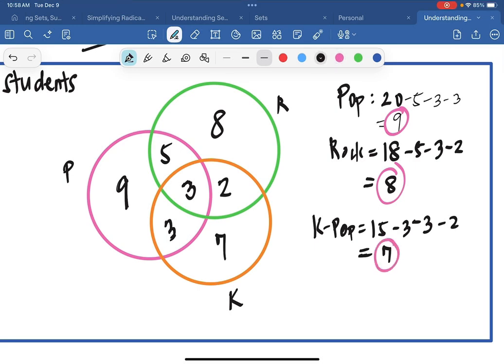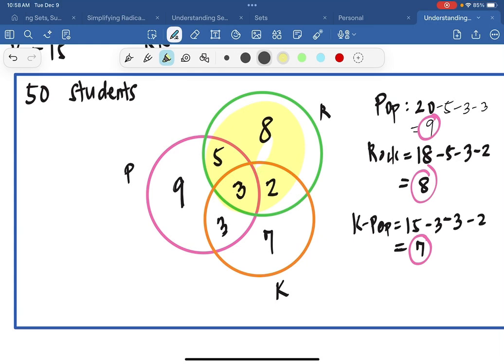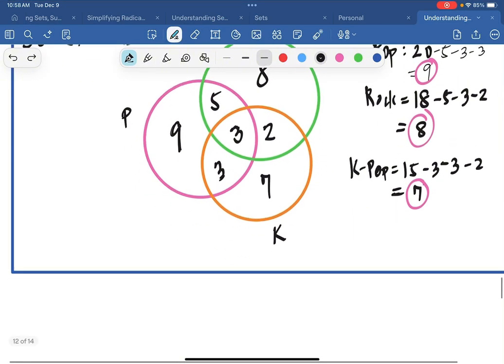So here. Now, let us check, based on all the numbers here, if we have a union of all 3. Okay, let us try to add all of them and see for ourselves if there is a complement based on this. So all we need to do is add each of them.